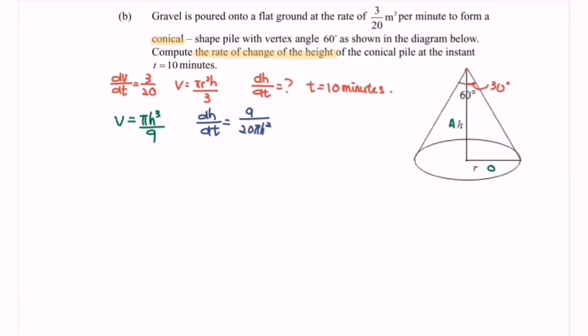In order to find the answer for dh/dt, we need to find the value of h. Given the situation, dV/dt is equal to 3 over 20 and t is 10 minutes. So kindly substitute the situation, where when t is equal to 10 minutes, the volume will be equal to 3/20.